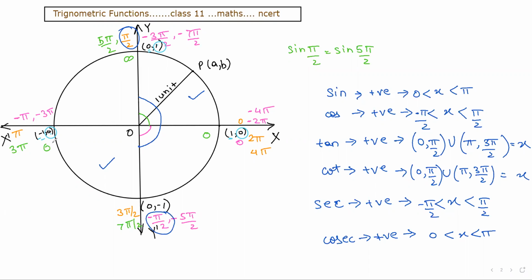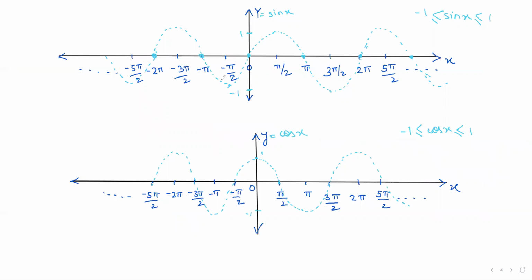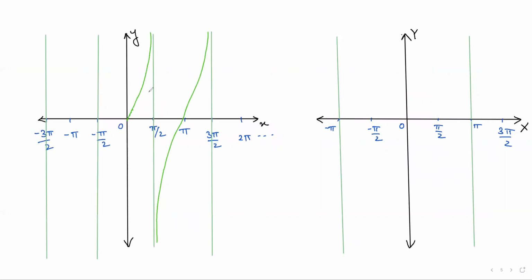Here you have 0, and here you have infinity. So what happens over here? You're moving from 0 to infinity in the first quadrant, and then as you progress, you're moving from infinity to 0.